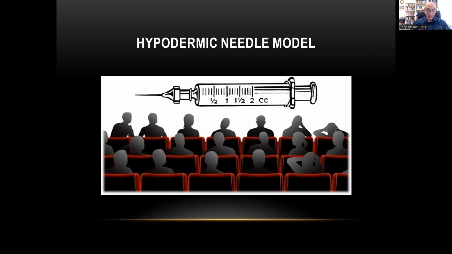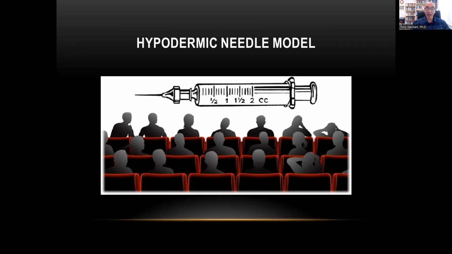It implies that everyone who receives a particular message will react in a similar manner, absorbing the information as intended by the media. Direct influence is the other element. The hypodermic needle model suggests a direct and immediate influence of media messages on audience attitudes, beliefs and behaviors. It implies that the media has the power to shape public opinion without any intervening factors.